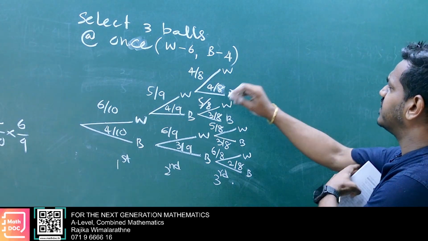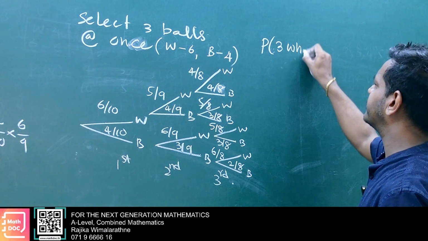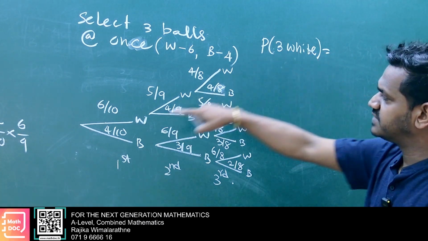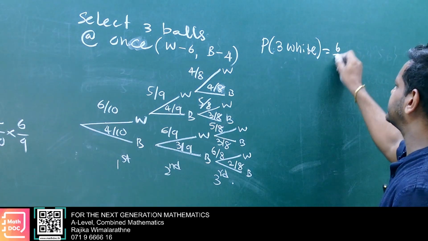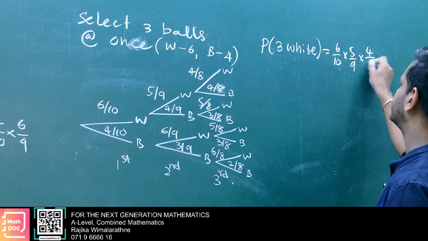Then here, probability of getting 3 white balls. Go with this path: 6 over 10, 5 over 9, 4 over 8.